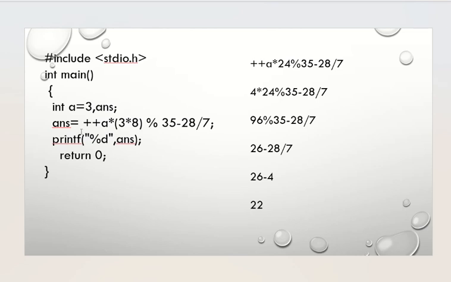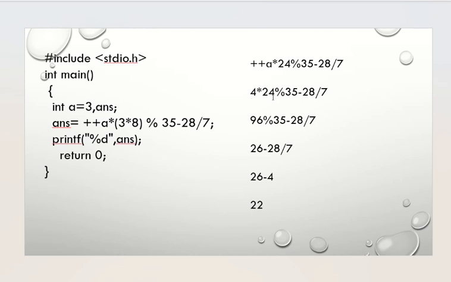The compiler always evaluates from left to right. So 3 into 8, it is 24. Next operator with highest precedence is the unary ++ operator. So here a equal to 3, ++a equal to 4. So 4 into 24 mod 35 minus 28 divided by 7.